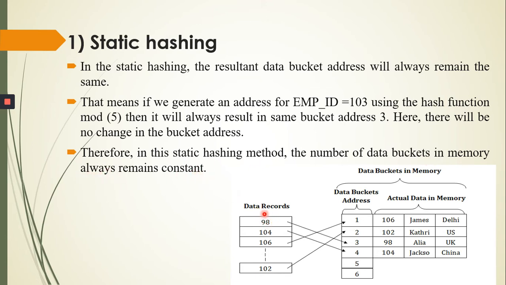For 98 mod 5, we will get 3. For employee ID 103 mod 5, we divide 103 by 5 and get the bucket address 3, as our remainder is 3. However many times you calculate this, we always get the answer 3. So this type of hashing is known as static hashing, where the address will always remain the same.